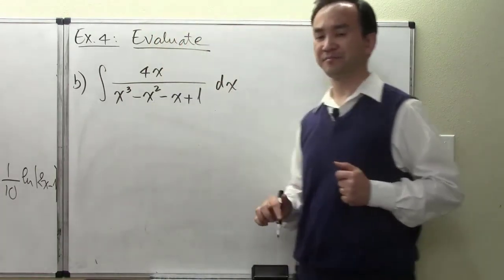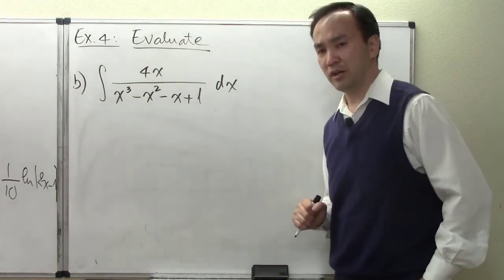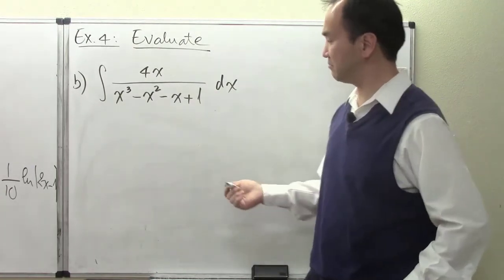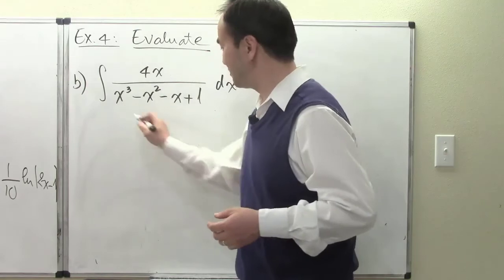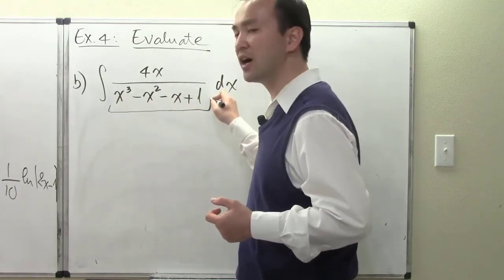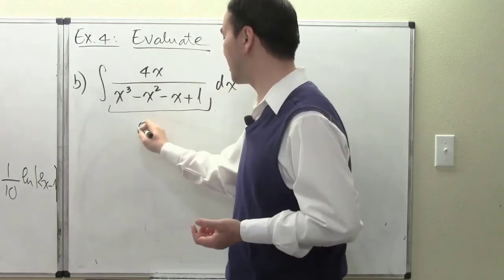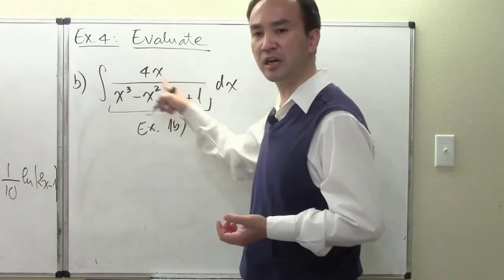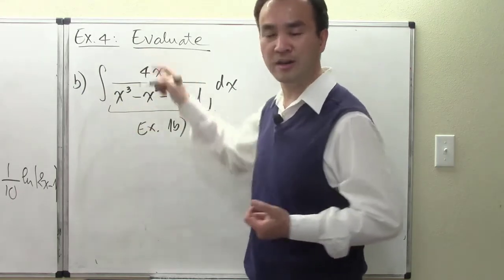Again, in order to speed up the process a little bit, this rational expression was the one we worked on in part B, where we took the partial fraction decomposition process on this rational expression.